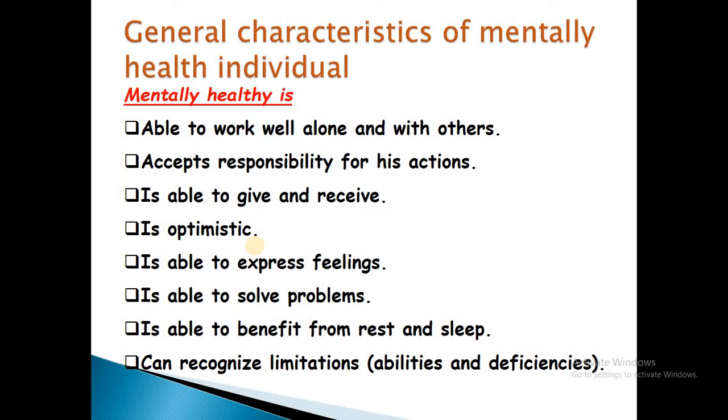A mentally healthy person is optimistic and expresses feelings. In this point, able to express feelings, we should pay attention to the ways to express feelings, and who can express feelings in an easy way and who can't express feelings.